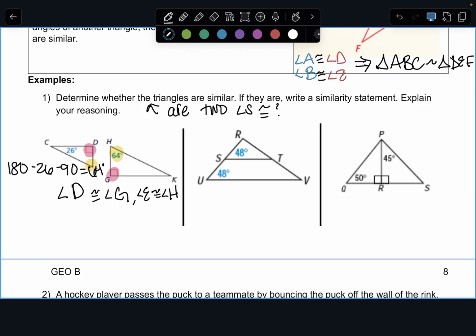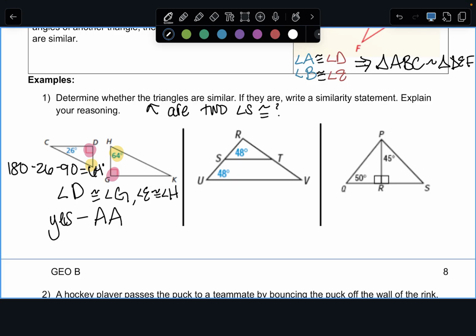We have one, we have two. So yes, they are. So we can say that these triangles are similar. And the theorem we use is the angle-angle similarity theorem.